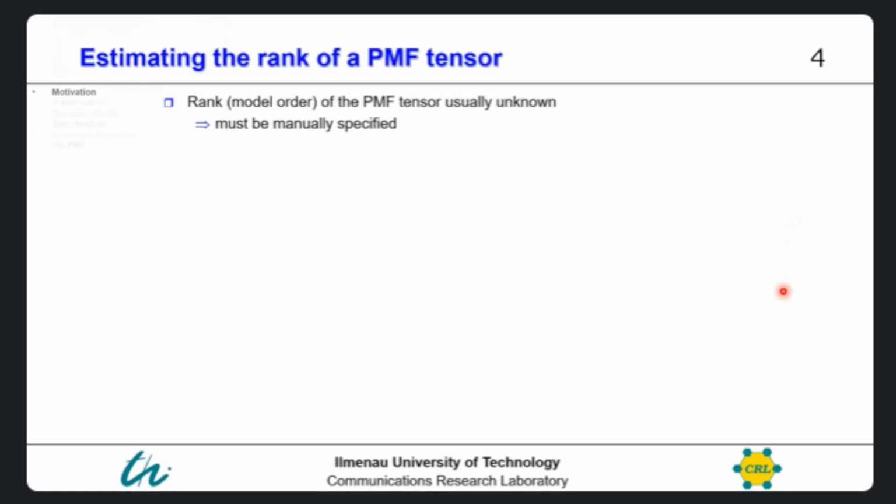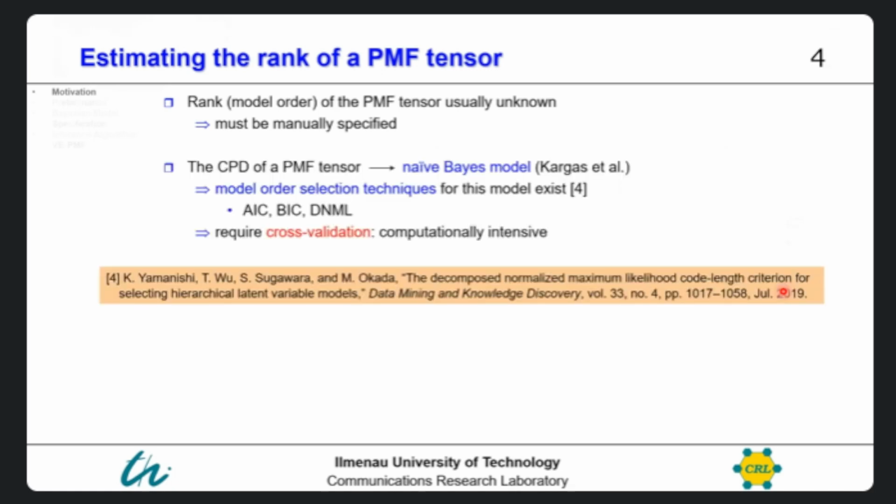In other words, you need to do this validation where you have some candidate ranks, and then you test each one of them, and you select the one that minimizes some criterion. And there are already some model order selection techniques that exist. We have the Akaike information criterion, the AIC, and the BIC, the Bayesian information criterion, which have been in existence for a very long time, since the 70s.